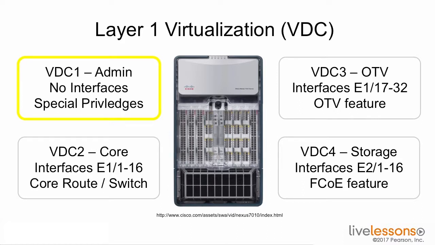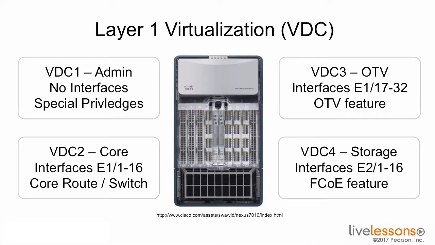So it's very critical to keep access to the admin VDC limited and only to the people that need it. You can also reload the entire Nexus switch with all the VDCs from the admin VDC, but from the other VDCs, you can only reload those individual VDCs.